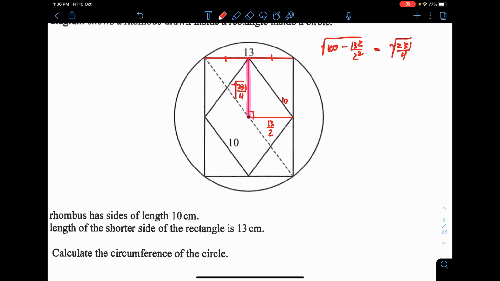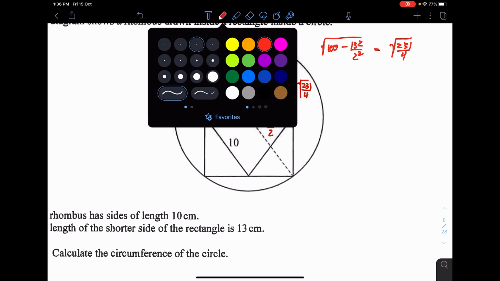After I found this length, this length over here is supposed to be the same number, 231 over 4. Having this length as 231 over 4, I want to connect it here. Let me use a green color.